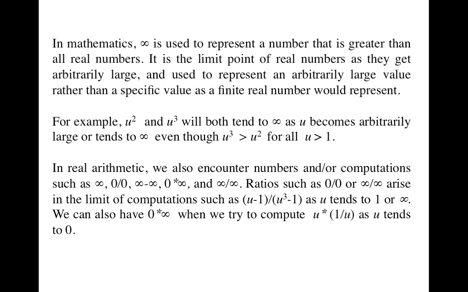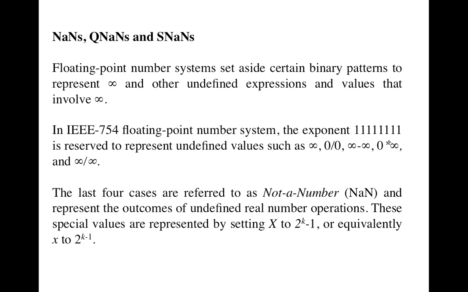And so in that regard, you have to make it so that it can simulate real number arithmetic as much as possible. So there are numbers that people give special names to. These are called not a number numbers, NaNs, and then quiet not a number numbers, and then the signaling not a number numbers.